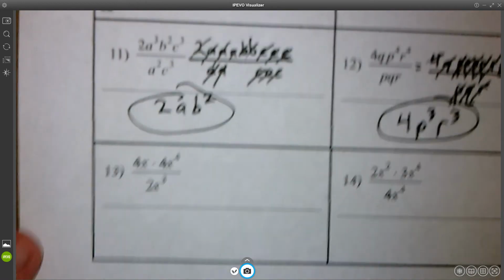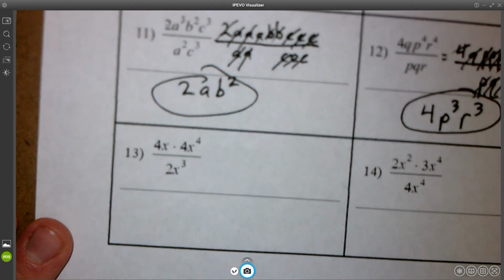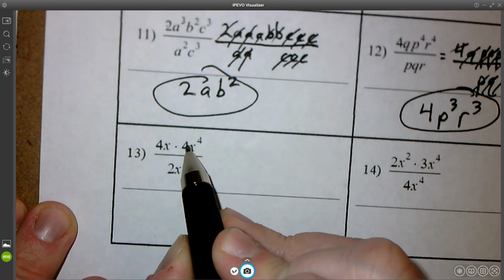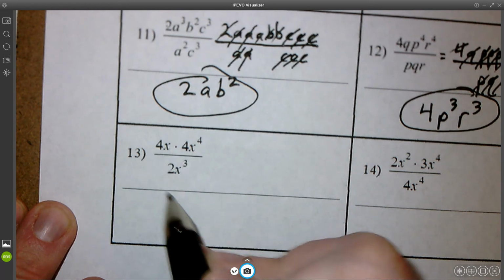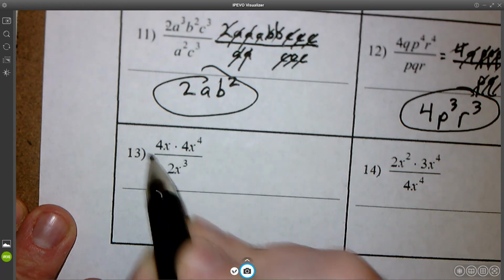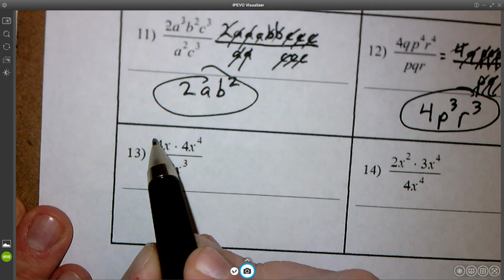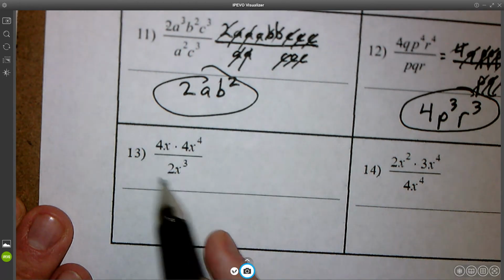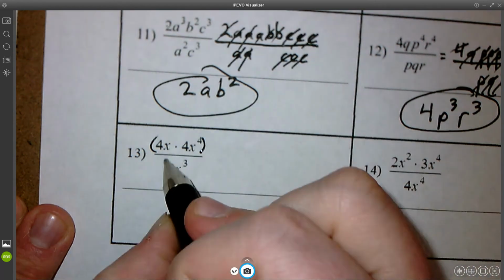Right. Number 13, slightly more complicated because there's 2 steps in here. You have variables and you have your coefficients, but you have to do multiplication up top, then you can do your division. Remember, you always need to do what is on one part of the division of a fraction first, because it's like you have parentheses here and here.